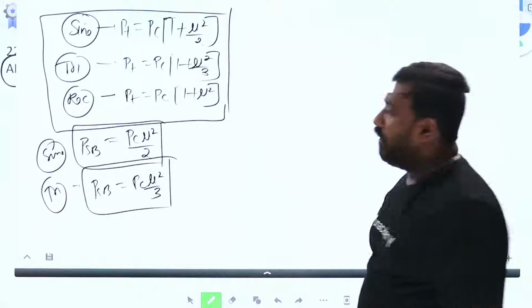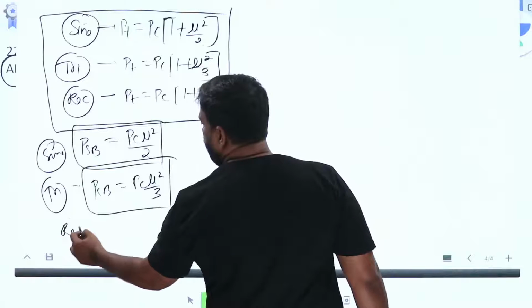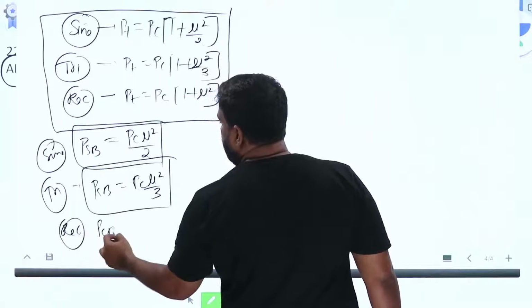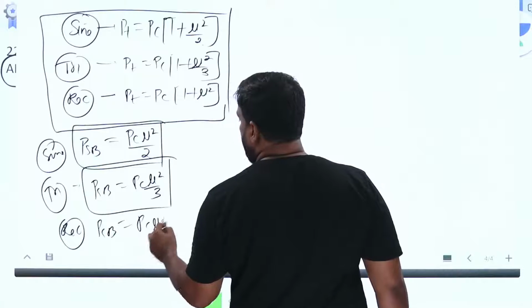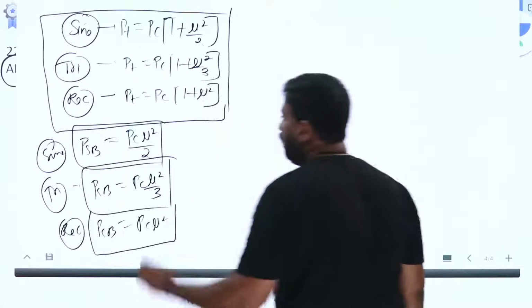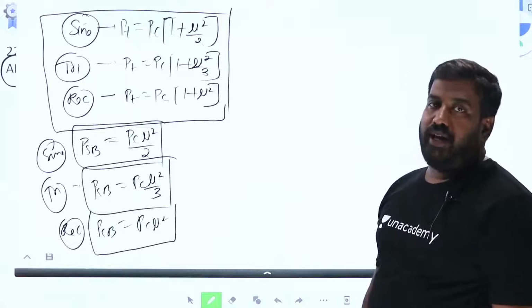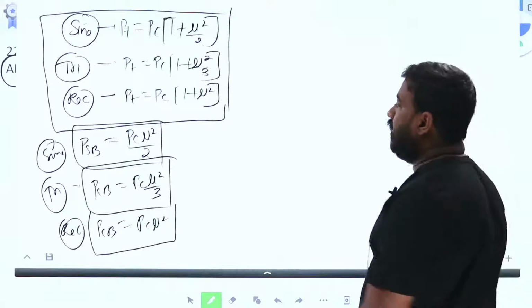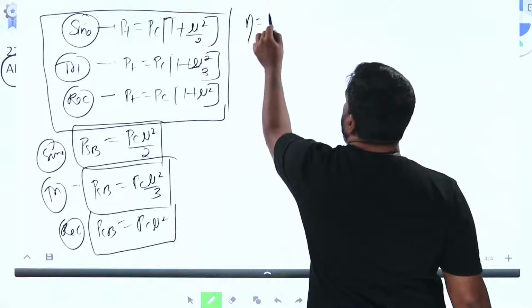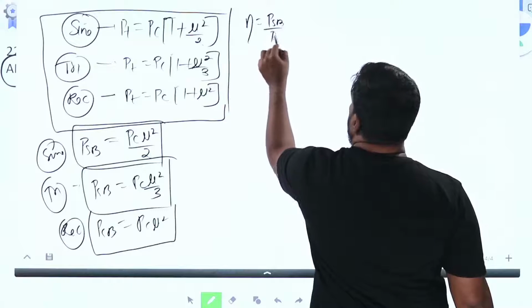For rectangular input, sideband power is Pc into mu square. Now we'll derive modulation efficiency. Modulation efficiency is sideband power by total power.